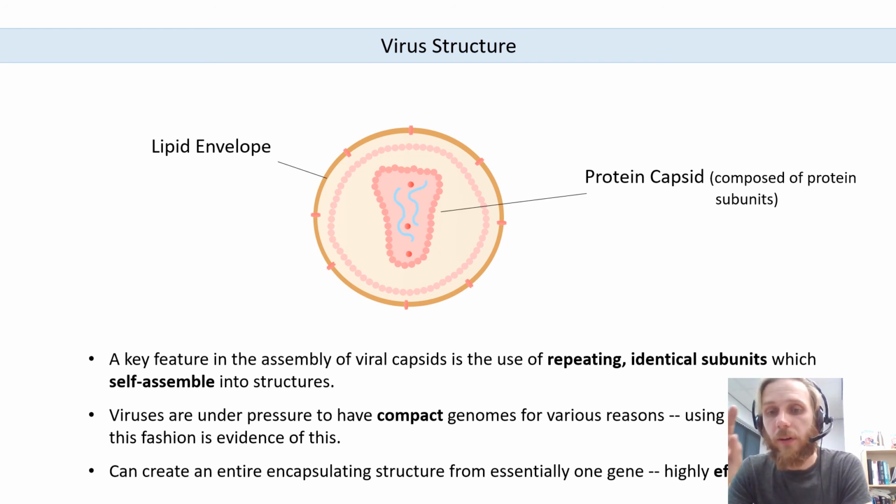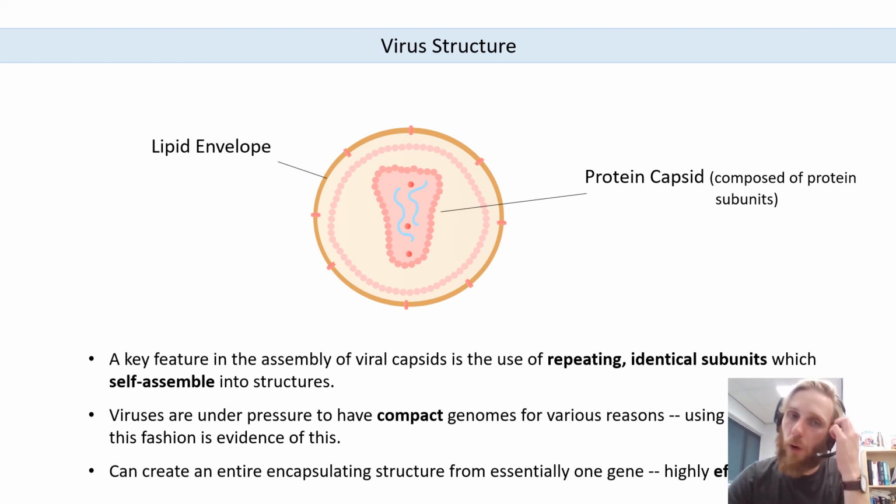So because the capsid is typically composed of either one protein repeated many times or just a few proteins repeated many times, that means a virus can potentially encode this entire protein structure, this entire capsid, with only one gene. And again, that enables the virus to maintain this very small genome.